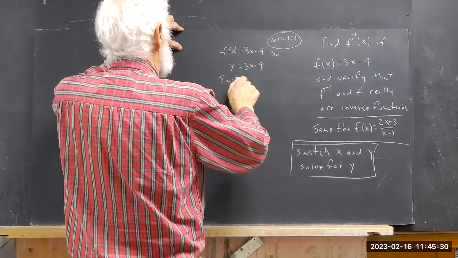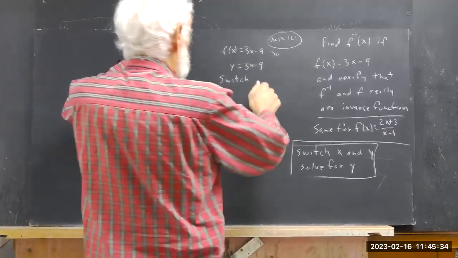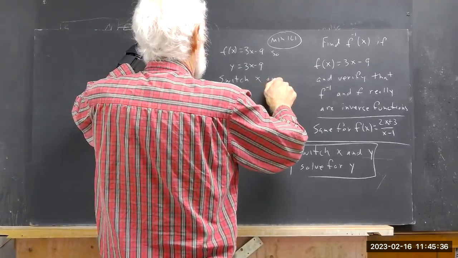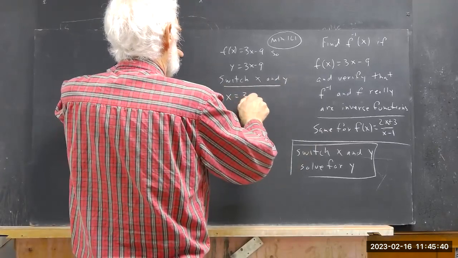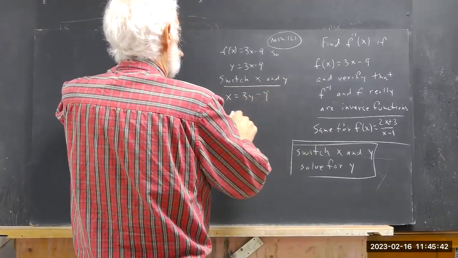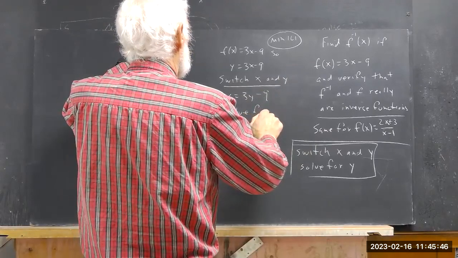If you understand what we did with the graphs, we switch x and y. We get x equals 3y minus 9. And then we solve for y.